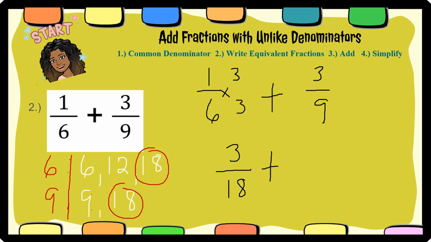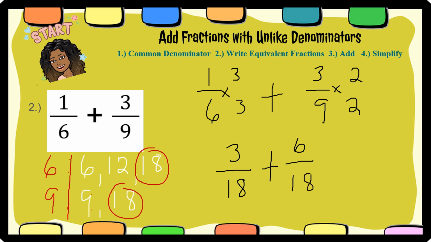Plus, the only number that I can multiply 9 by to get 18 is 2. Once again, whatever you do to the bottom, you must do to the top. So 3 times 2 is 6, and 9 times 2 is 18.